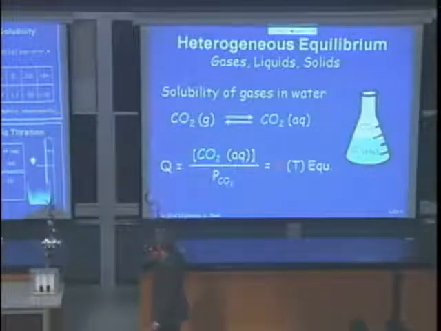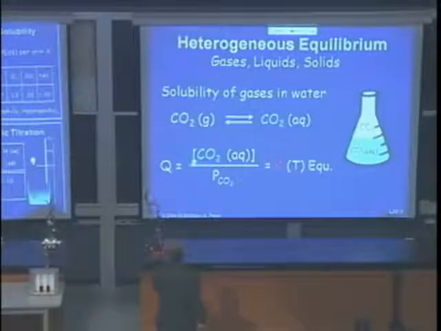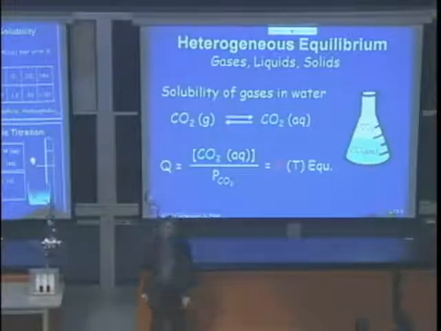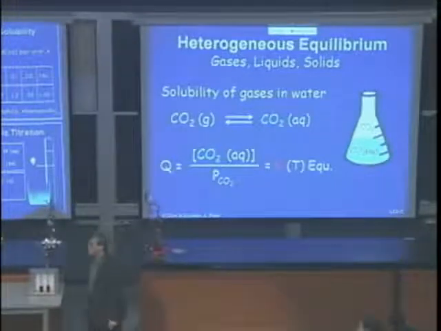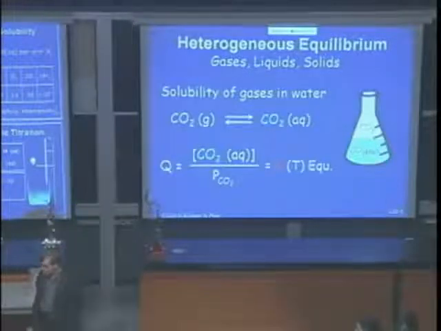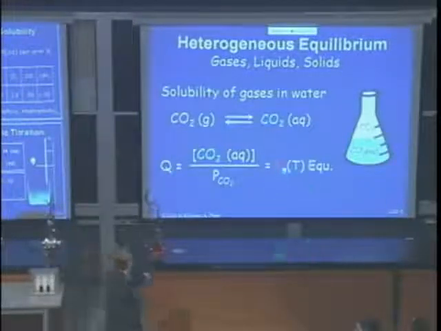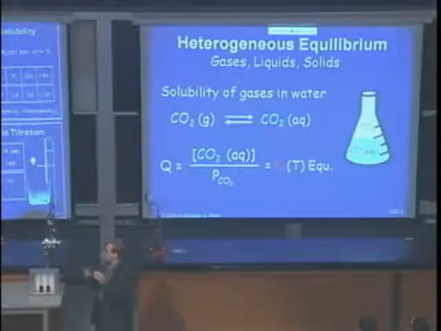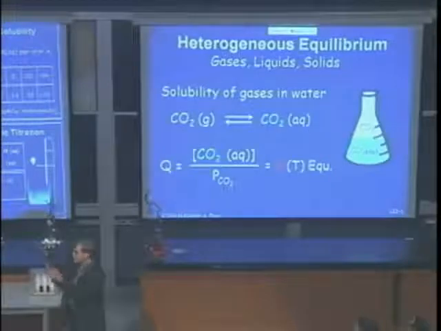For CO2, the equilibrium constant is tabulated, and if we have gases in equilibrium with dissolved gases in water, we call this the Henry's constant, Kh. It just tells you that you have a heterogeneous equilibrium between a gas and the gas dissolved in water, in a specific liquid.